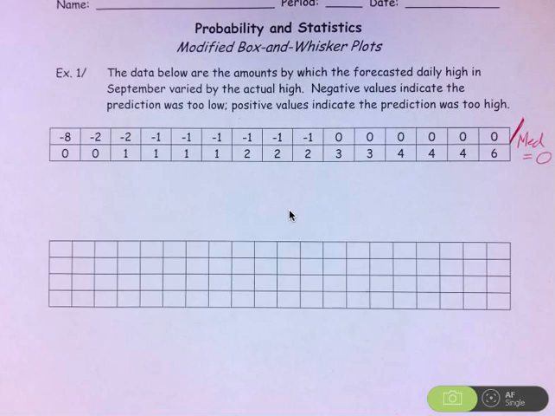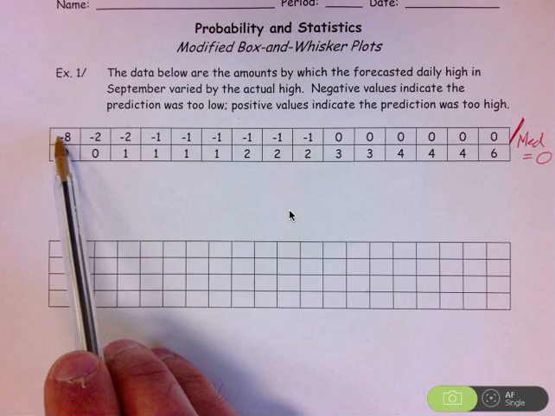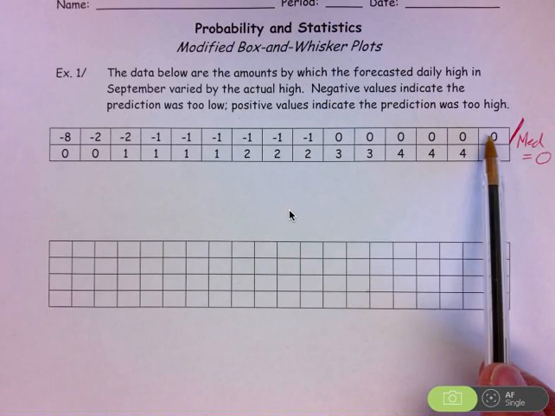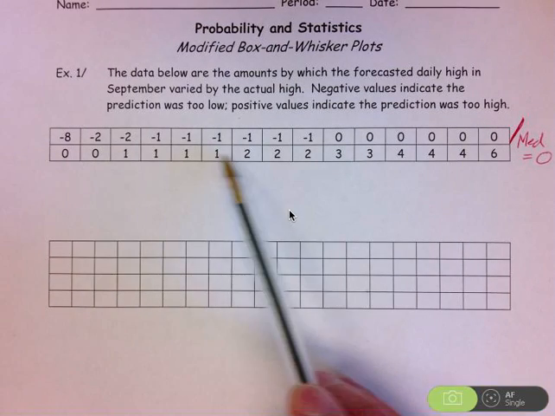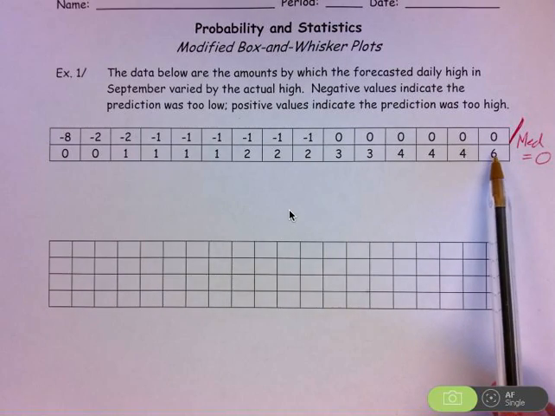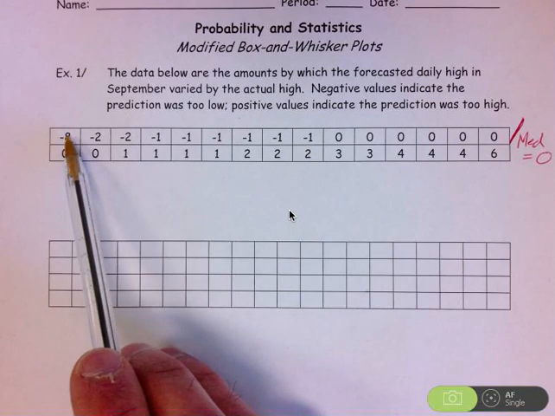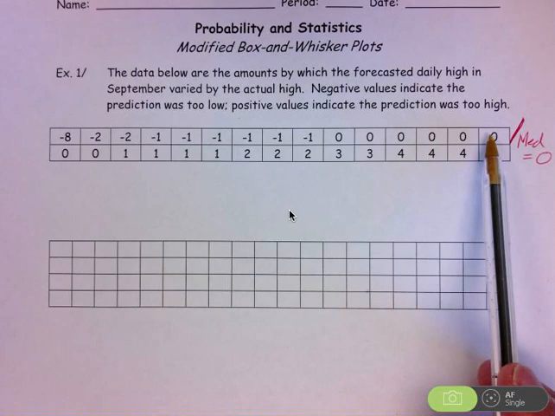A difference of 0. So now notice the median also breaks the data up into the lower 50% and the upper 50%. So these are the lower 50%. These values are in the upper 50%. The median splits this into 2 equal parts. So let's look at the lower 50%. There are 15 data values there.